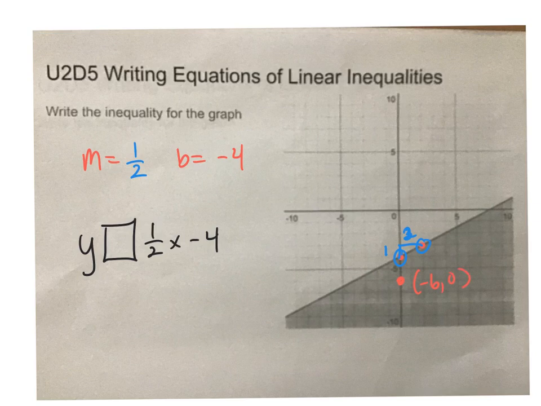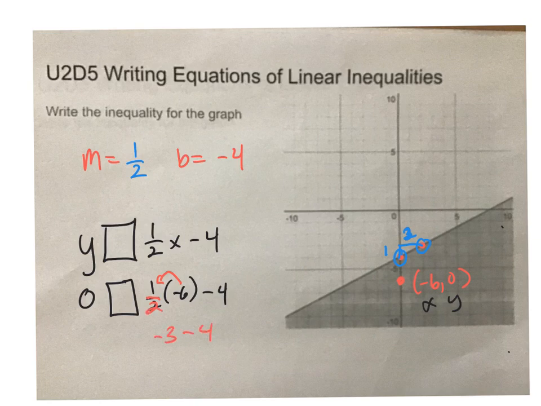And we're going to plug in our values. Just remember that this is x and this is y. So this time it's 0, some symbol, 1/2 times negative 6 minus 4. So negative 6 times 1 is negative 6, divided by 2 is negative 3, minus 4.